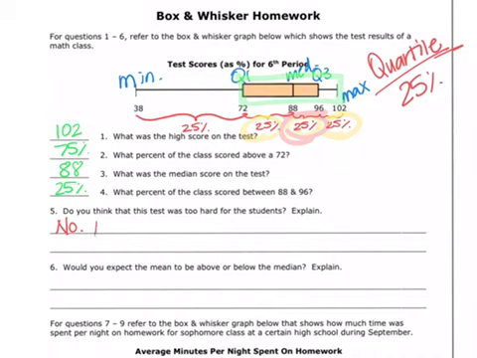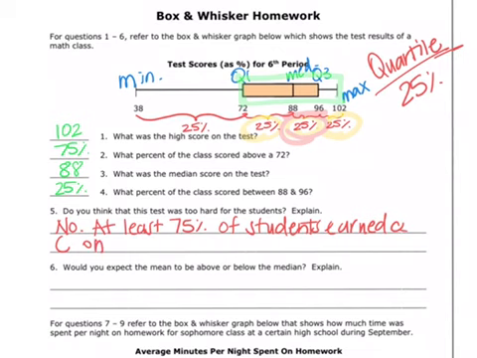So we know that at least 75% of students earned a C. So if that many students are earning a C or higher, it's probably not that difficult.